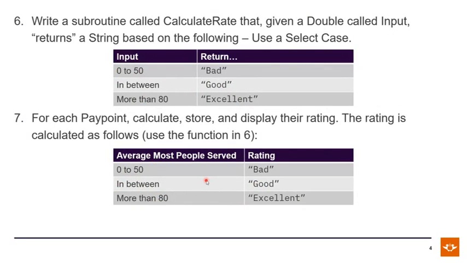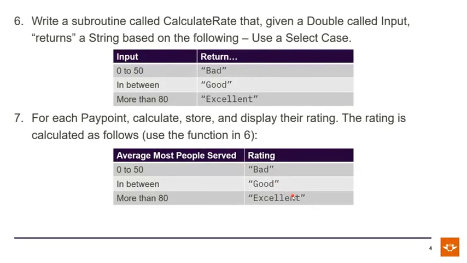The only difference is that the value you need to pass to the subroutine's input is the average most people served, and in return you should get either a bad, good, or excellent, which will represent your rating. Okay, so this is effectively your question for this tutorial.